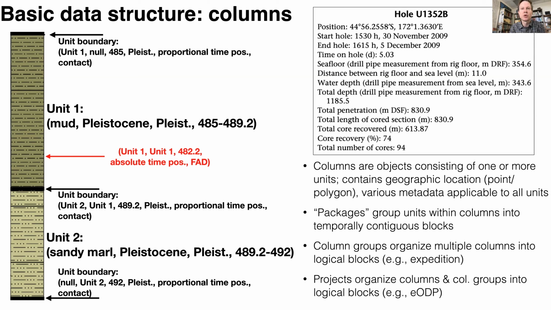Column groups are available to organize multiple columns into logical blocks. For example, you might want to organize into an expedition all the different holes for an expedition. Then projects are used at the high level to organize columns and column groups into logical blocks. Andy Fraass will tell us about eODP in that block in a bit, and I'll show you some interfaces for that.